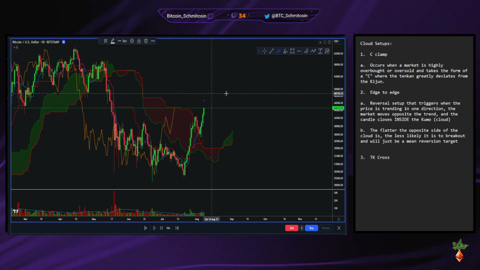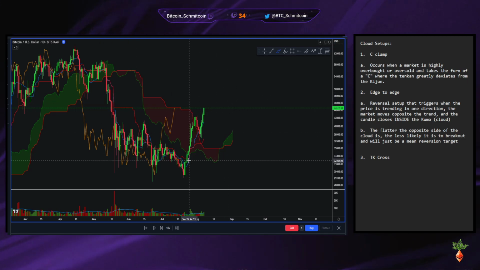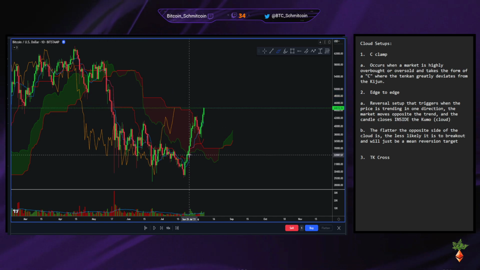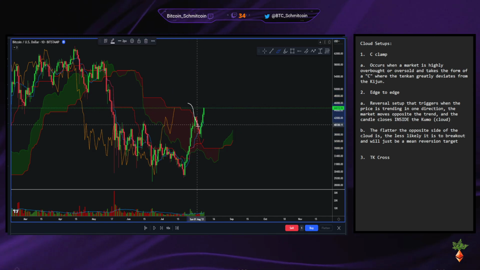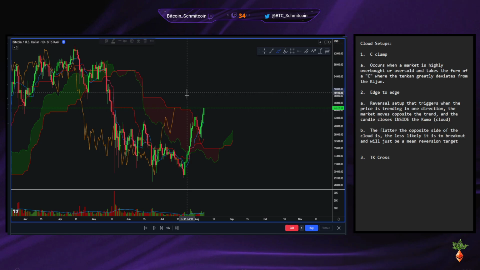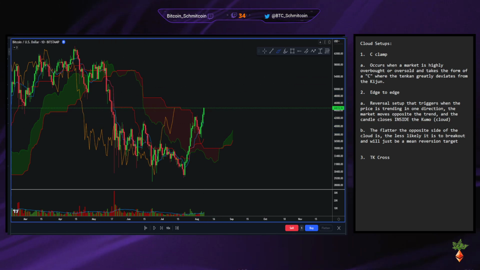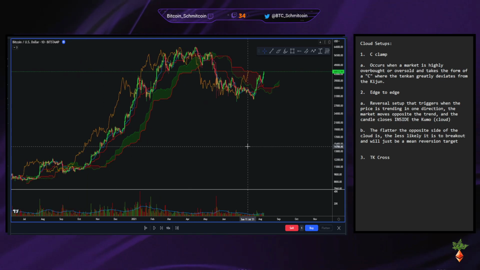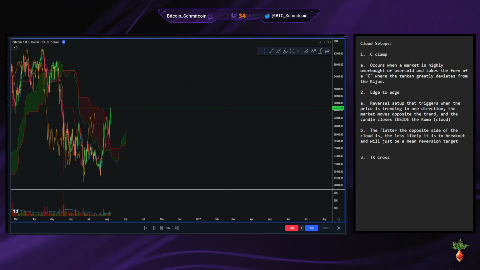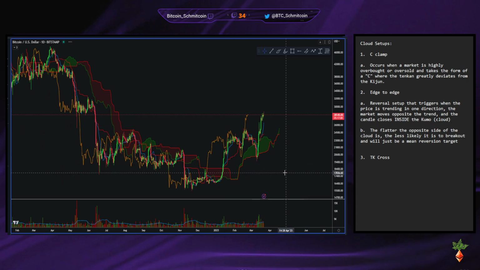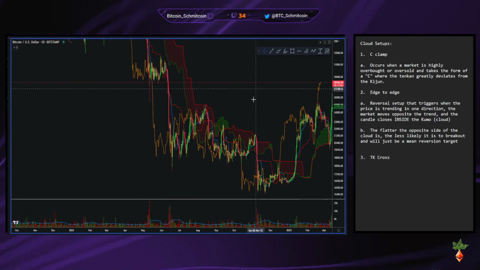So what I mean by that, you can see here that when this thing started out, it was flat, but as this thing progressed, the cloud came down, and rather than slamming into here, it kind of just snaked out the side. An example of a flat one, let's see if we can find one. So here's a flat one right here.